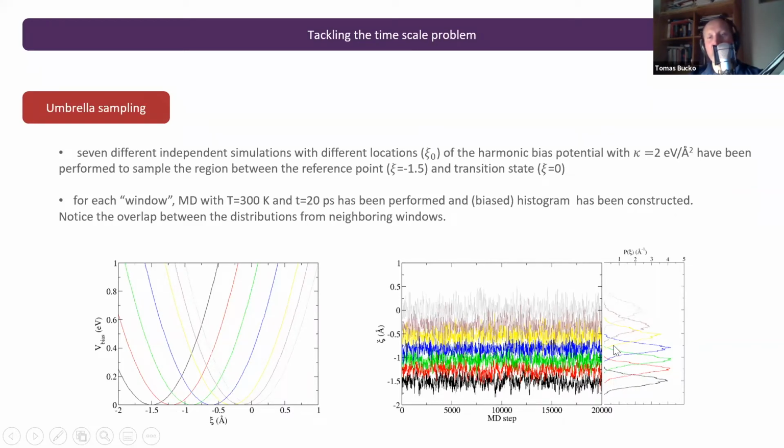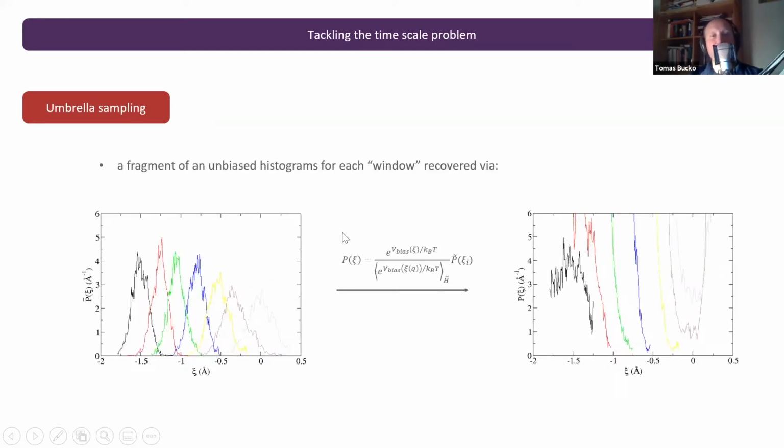Notice how these probability densities overlap. This is important. Now, using the formula that we just derived a minute ago, we convert biased probability densities into fragments of unbiased probability densities.